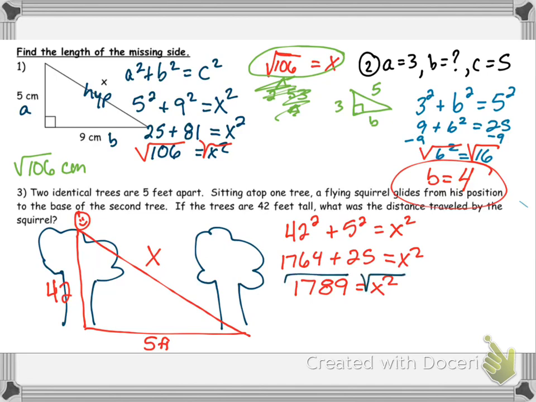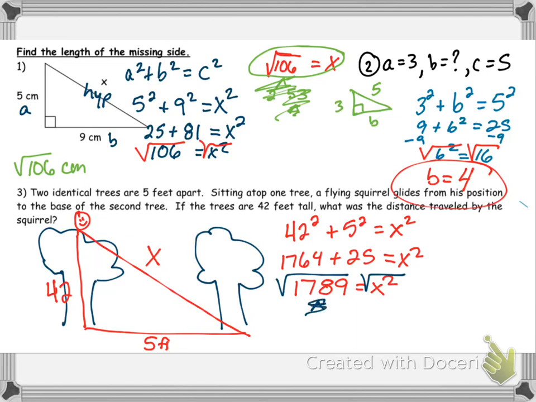So we square root both sides. If I plug it in to my calculator, I get that the square root of that is not a perfect square. So I would try breaking it down, and you just have to test different numbers. Try dividing 1,789 by 3, then try 4, try 5.